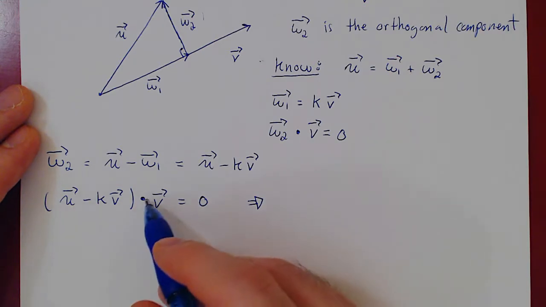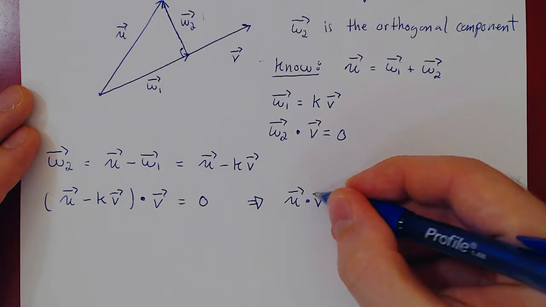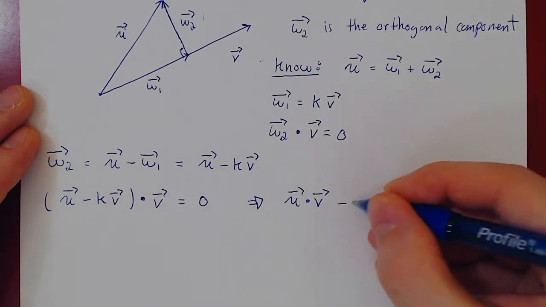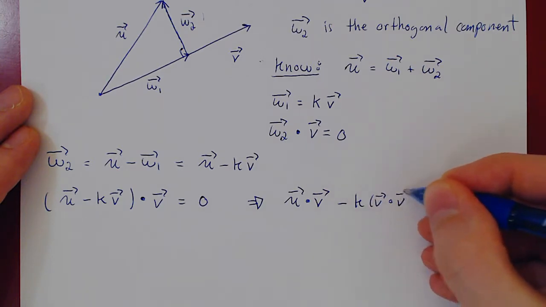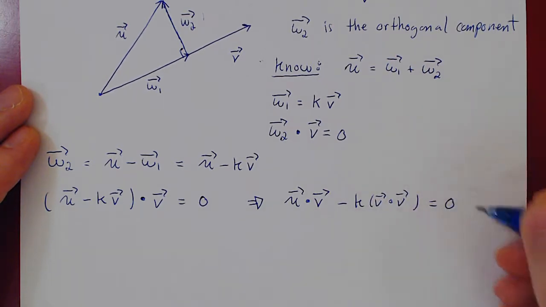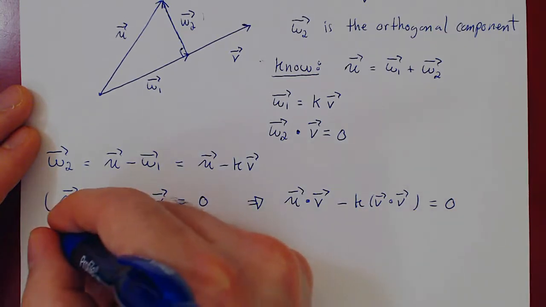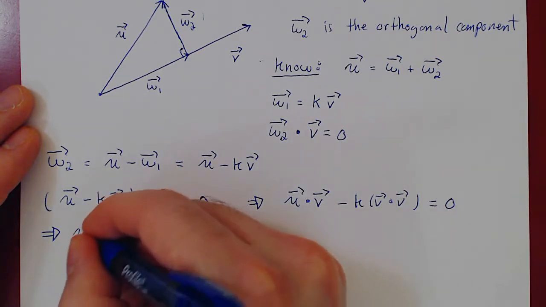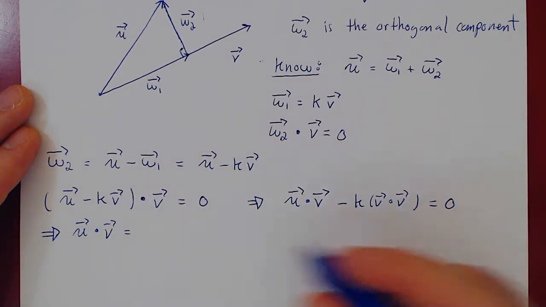We'll have u dot v minus k v dot v. So minus k times v dotted with v. This is equal to 0. We'll send this onto the right-hand side. Therefore, u dot v equals k times v dot v.